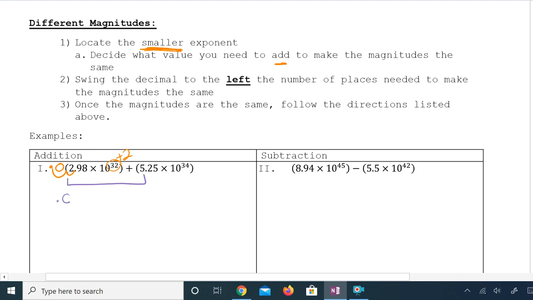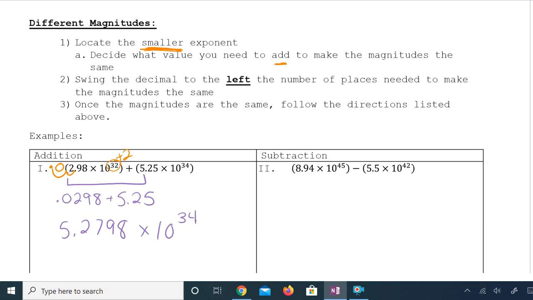So let's rewrite that here so we see it a little more clearly. Plus 5.25, and that's going to give us 5.2798 times 10 to the magnitude of 34, because again, that was the magnitude that we were working to become the same.